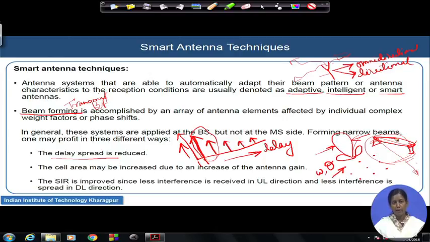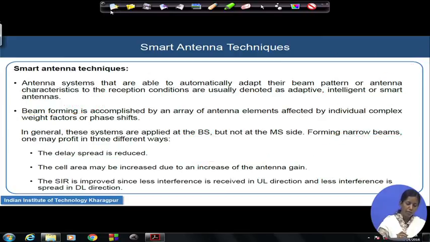So the smart antenna technique plays a very nice role in controlling the interference of a CDMA network. It is an interesting technique by means of which you can enhance the signal to interference ratio, increase the cell radius, and increase the data rate of the transmission, because you are gaining in terms of received signal power. So, it has huge advantages.